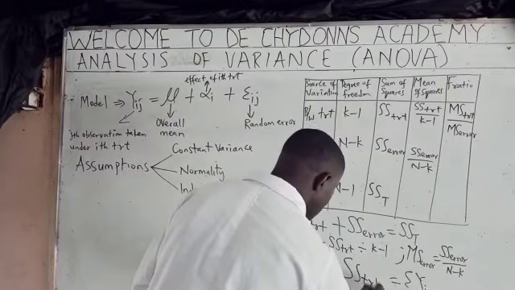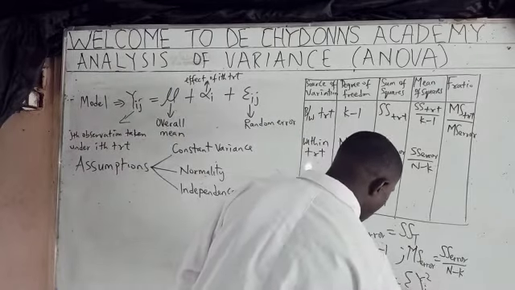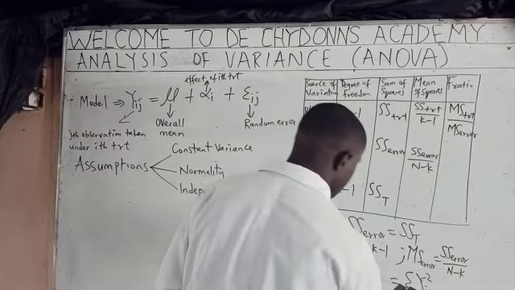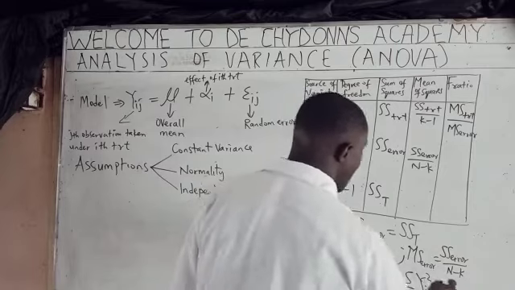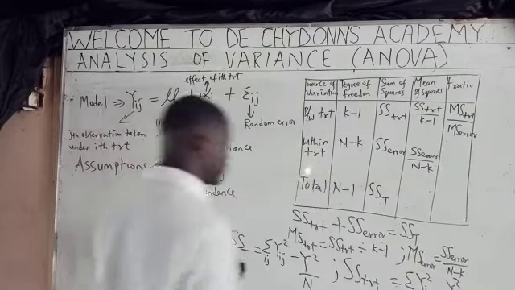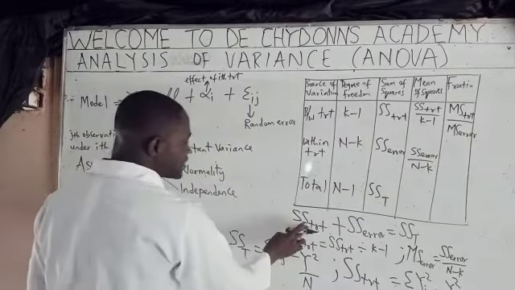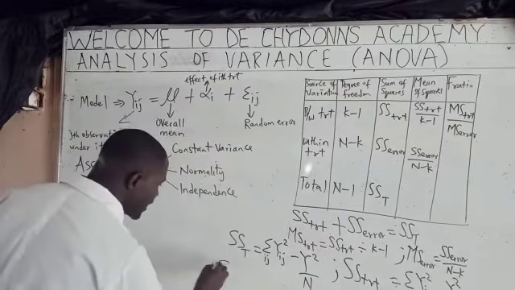SS treatment, the formula for it is summation of yi squared all over n minus y squared all over capital N.